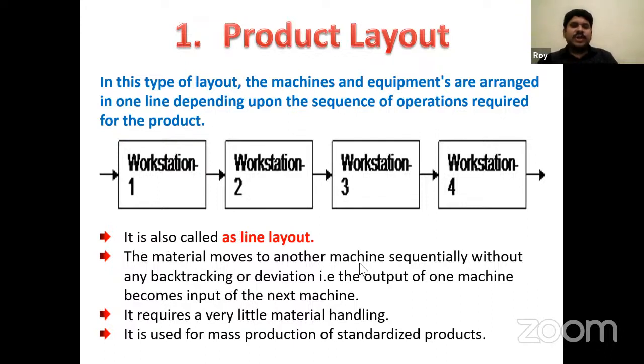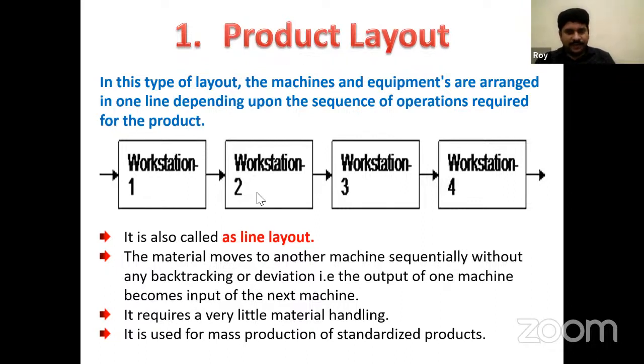And the material moves to the other machine sequentially, without any backtracking or deviation. That is, the output of one machine becomes the input of the next machine, right? From the first machine, workstation 1, let us say one process is completed. Let us say some cutting or something. After that, that output will go to another machine.